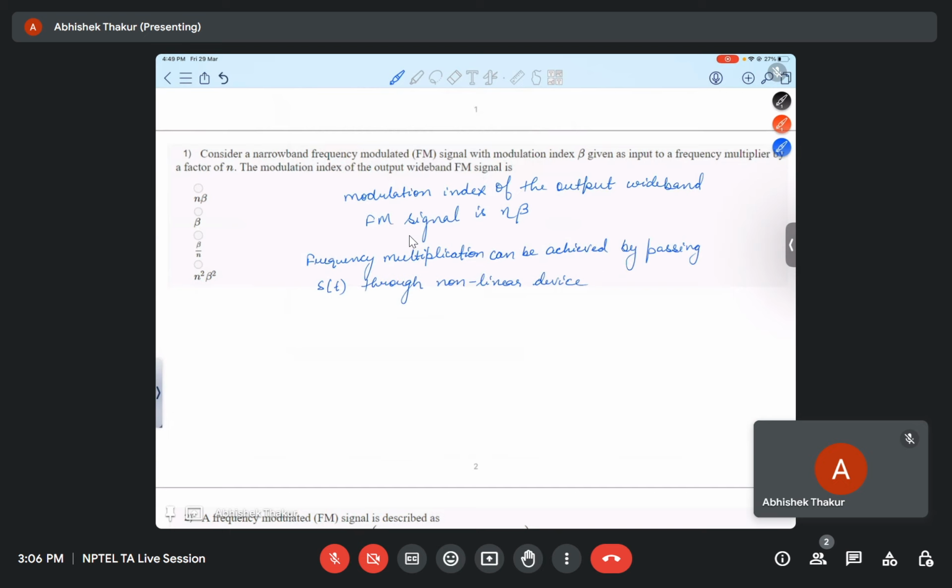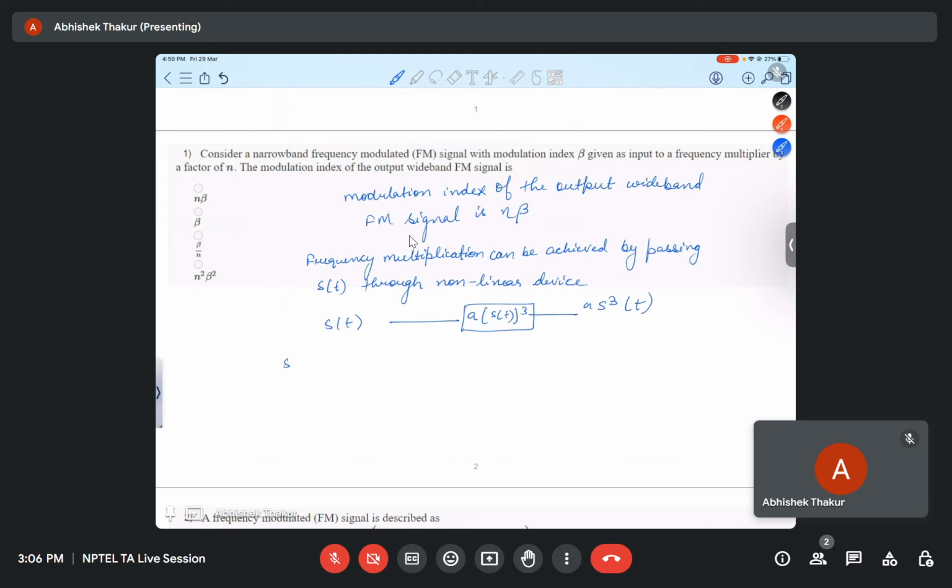Let's suppose s(t) is passed through a nonlinear device that just does the cube of that signal. So here we are getting A times s cube t.